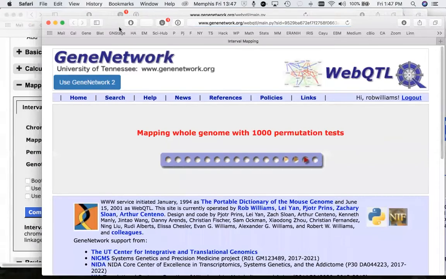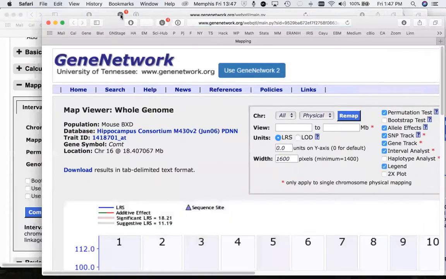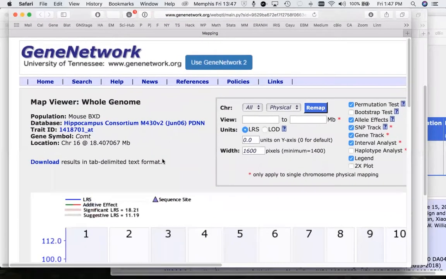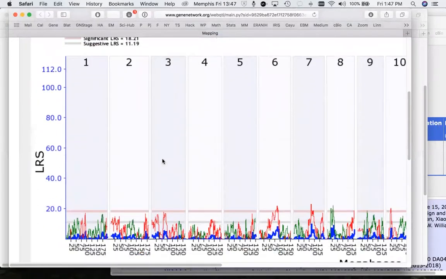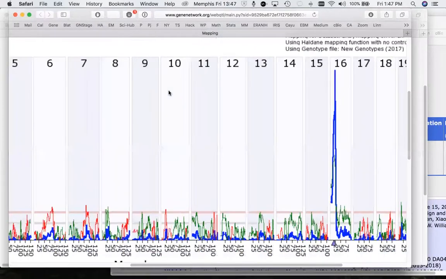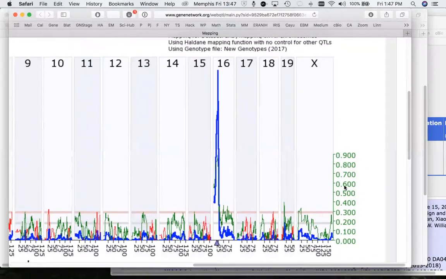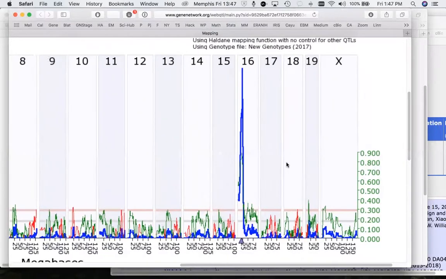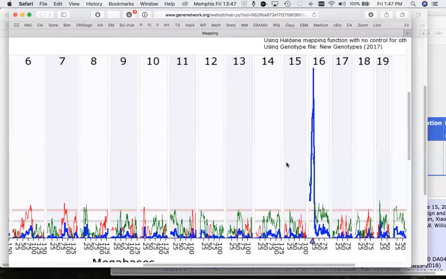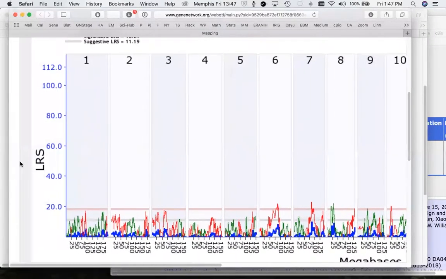So what we're doing now is we're mapping the trait being catechol O-methyltransferase expression in hippocampus. We mapped it with 1,000 permutations. This is chromosome 1, chromosome 2, chromosome 3, going off to chromosome X on the X-axis. And then on the Y-axis is the genetic mapping LOD score or likelihood ratio statistic.